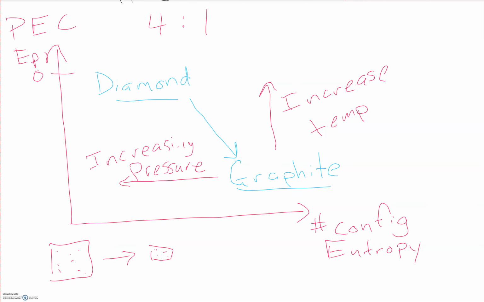So the pressure is an external variable that you can manipulate to change the number of configurations, and the temperature is an external variable that you can use to access lower potential energy states. In other words, if you want to go from graphite to diamond, the kind of places that happens is like in volcanoes, in meteor craters, places where there was very high temperature and very high pressure that allowed the graphite to convert into diamond.